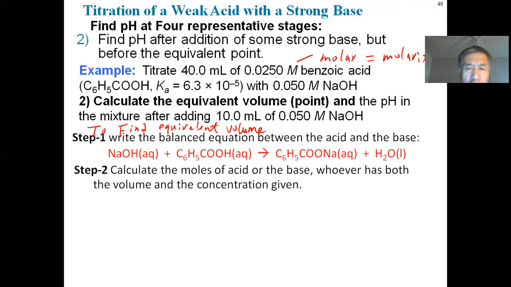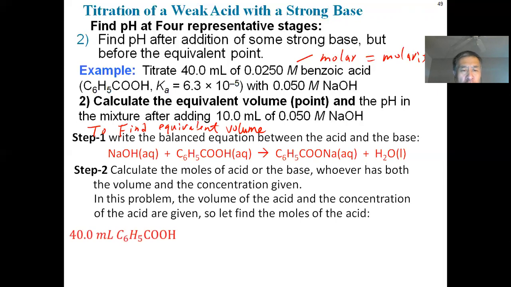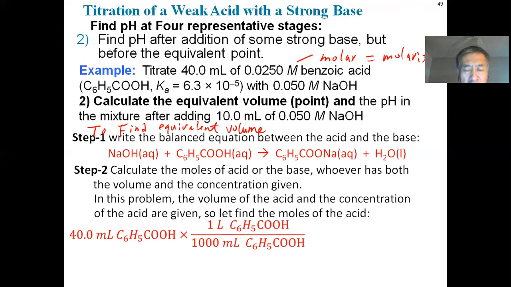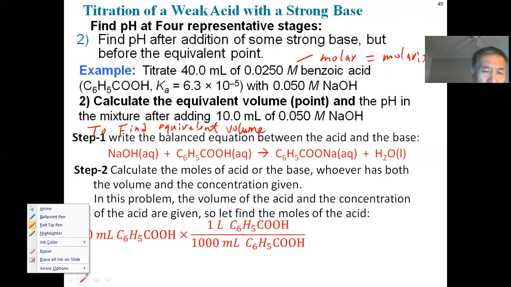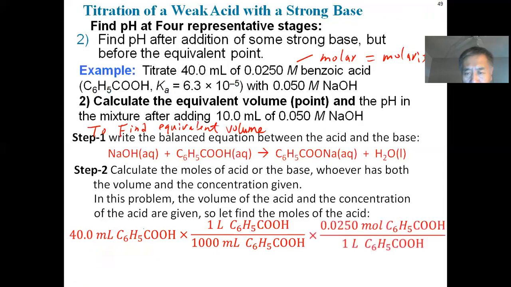Then we calculate the moles of the acid or the base, whichever has both the volume and the concentration given. In this problem, the volume and the concentration of the acid are given, so let's find the moles of the acid first. We convert the given 40.0 mL of benzoic acid into liters using a conversion fraction, and then use the given concentration to find the moles.